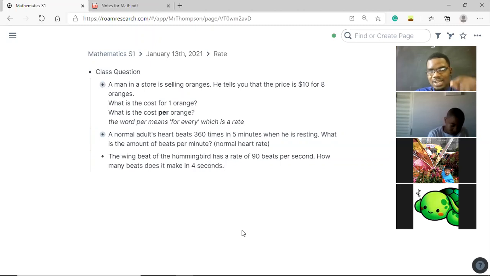So it's not a typical question that we were doing. Take me through the steps, come on. Okay, so 90 multiplied by 4. 90 what? Beats per second, 90 beats per second right? Multiplied by 4 seconds.